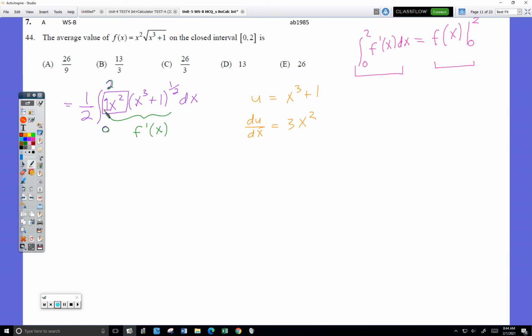So the first one is right here, and it's of the form something to a number, that something being x, and that number being 2. The other multiplying function in blue is also of the form something to a number, but the something in that case is x cubed plus 1, and the number is 1/2.